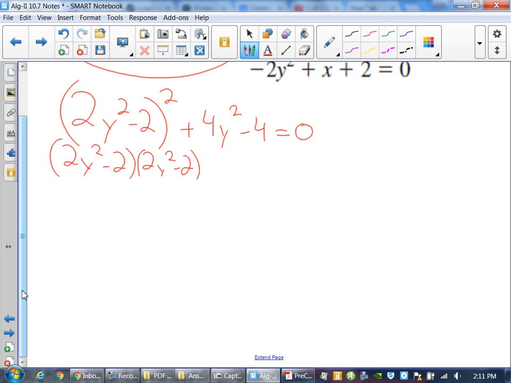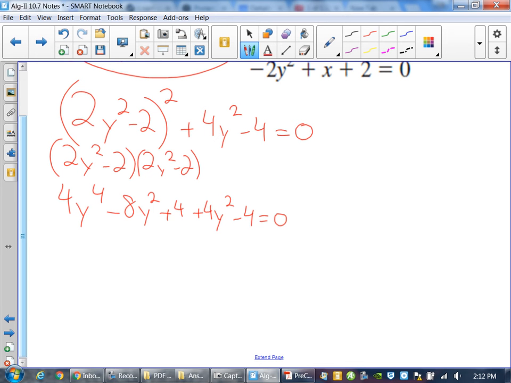When you multiply things together with their exponents, what do you do to the exponents? Very good. So you get 4y to the 4th minus a 4y squared minus a 4y squared. So we have minus 8y squared plus 4 plus 4y squared minus 4 is 0.